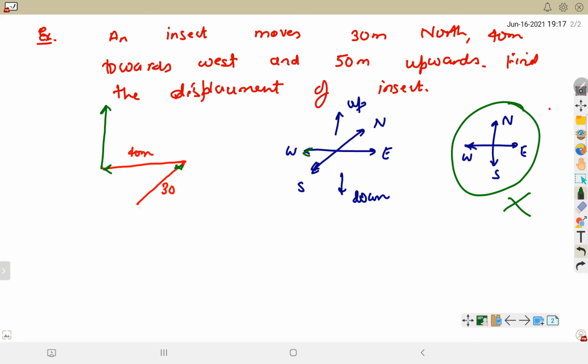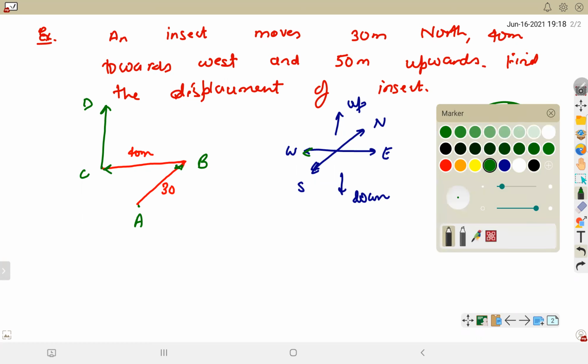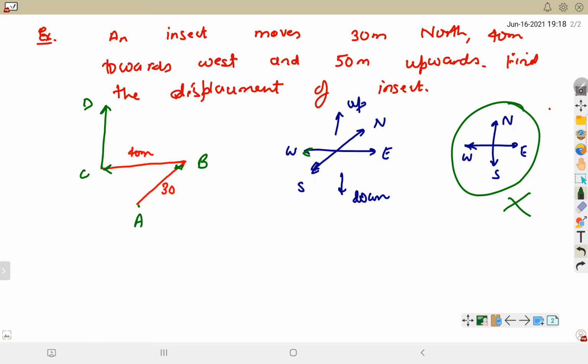So now here the initial position is this, A to B, B to C, and C to D. We have to find this displacement. So how do we find this?